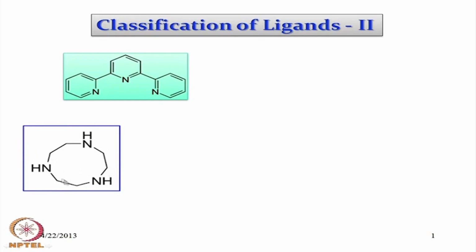But if the cycle is not so big, it is a little bit small, and if we can have only 3 nitrogen donor atoms, and those are all secondary nitrogen donor atoms, that means the functions are NH. So, these nitrogen lone pairs from this nitrogen to this nitrogen to this nitrogen are all available to bind to the metal center.